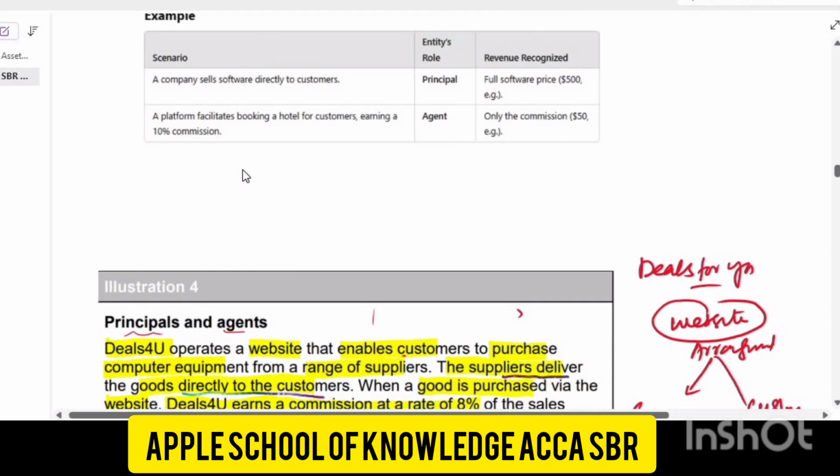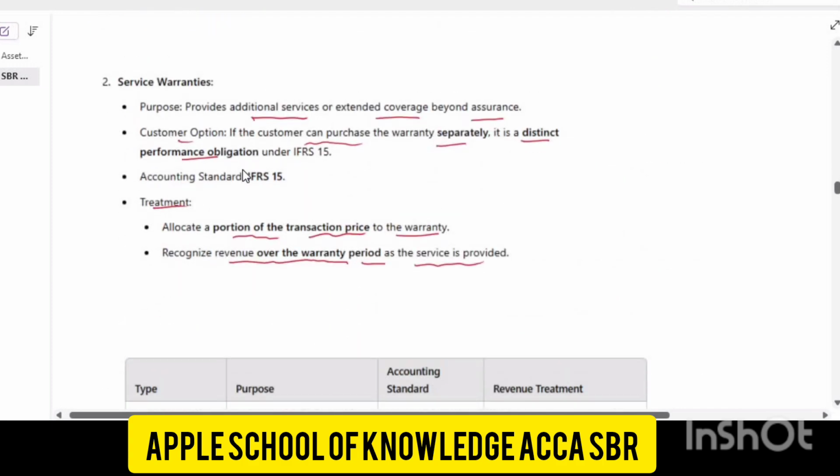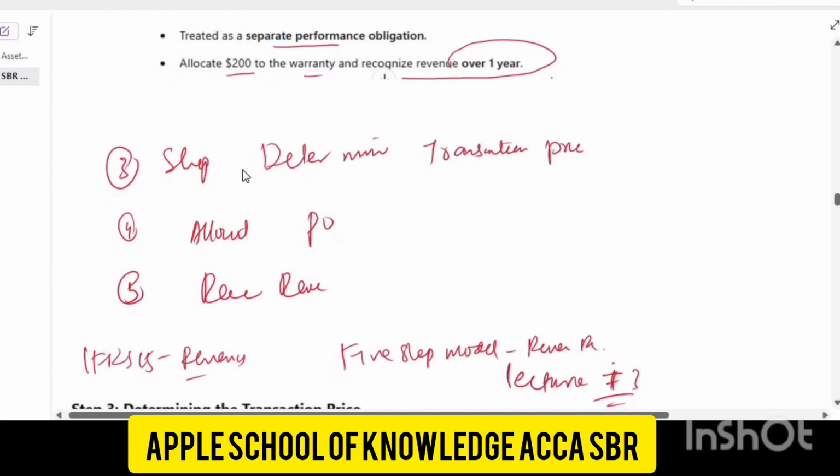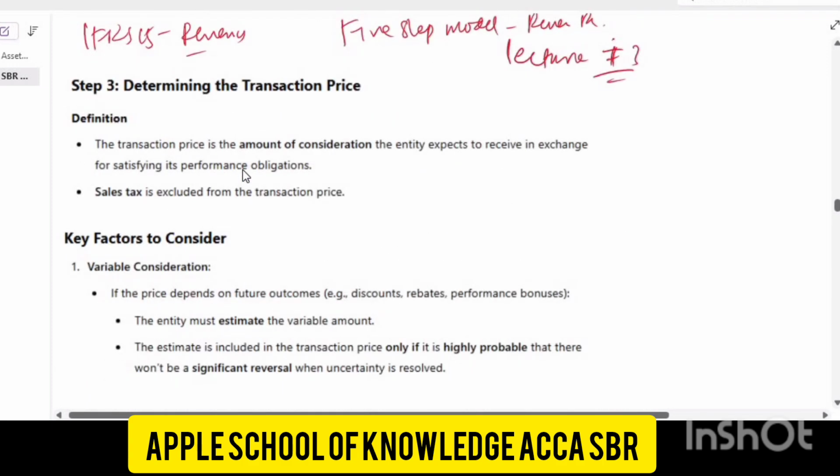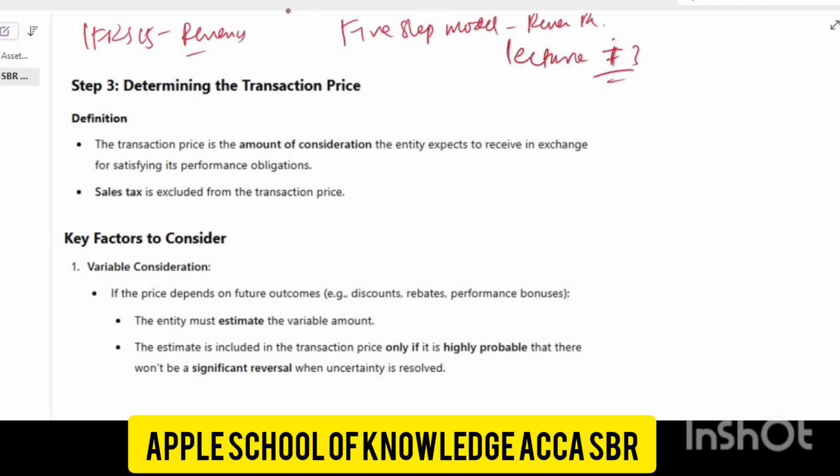Now in today's lecture we will discuss in more detail about determining the transaction price, which is step number 3. So transaction price is actually the amount of consideration the entity expects to receive in exchange for satisfying its performance obligation.